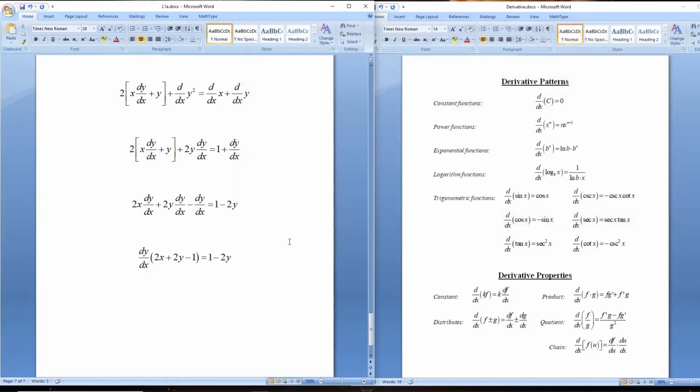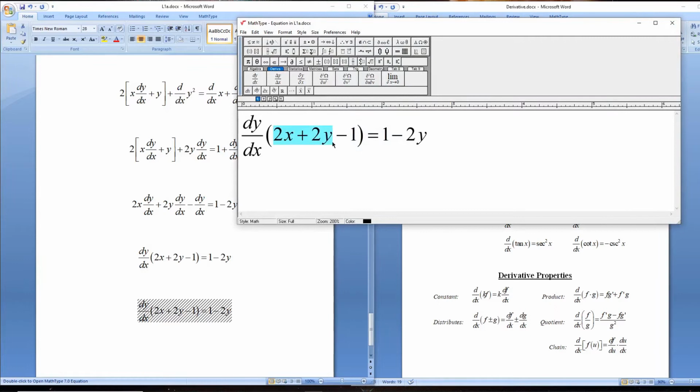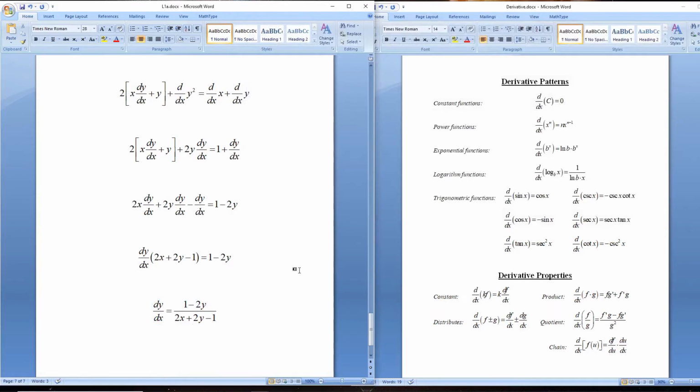And there we go. Factored out that dy dx. And now we're done. We just have to divide both sides by the parentheses to get our derivative. And that's our answer.